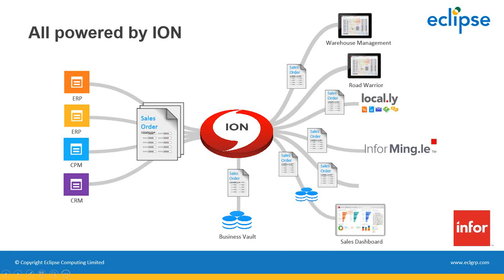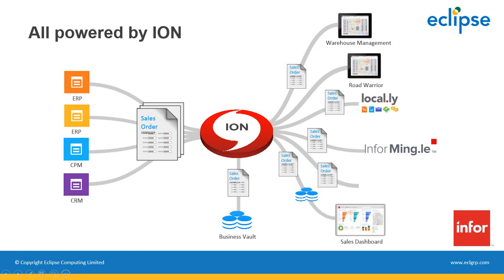So Ion is really a fundamental part of the Infor 10X strategy, and indeed it's fundamental to Infor Mingle. So in terms of how this breaks down in terms of the products, in theory you could have Infor Mingle and not have Sun Systems or not have expense management, but then there really wouldn't be a lot to necessarily deliver through the Mingle interface.